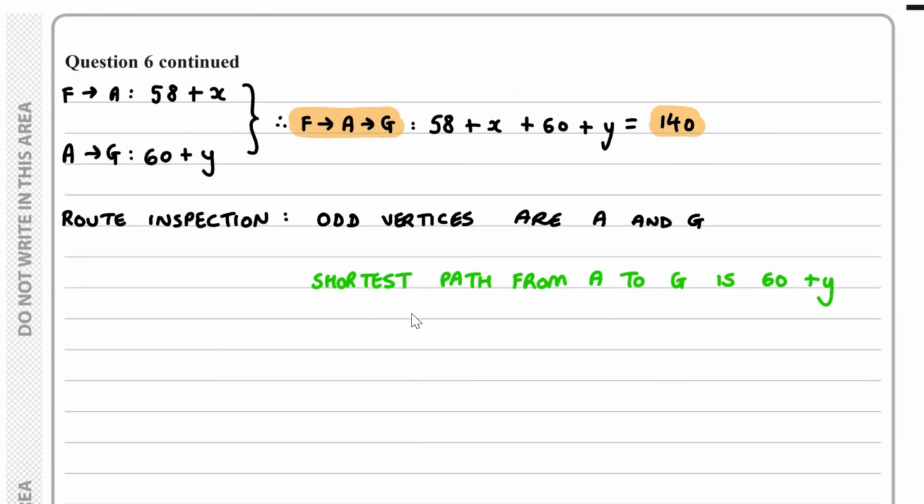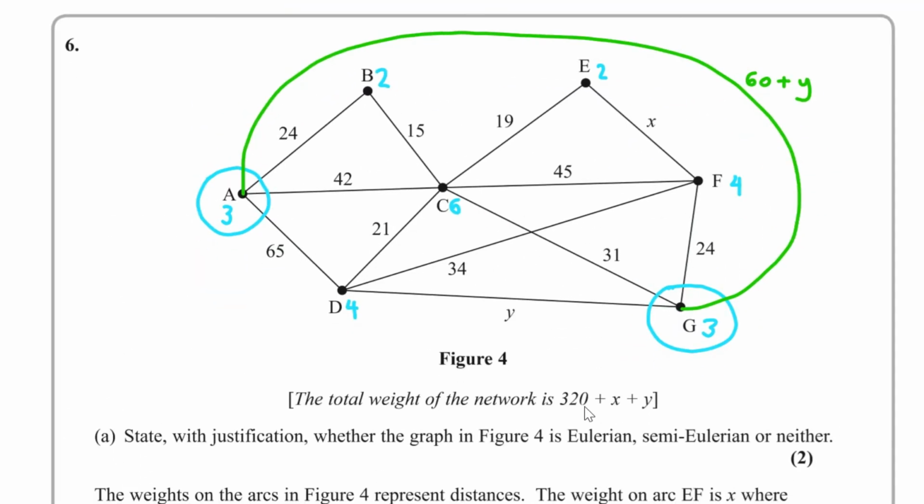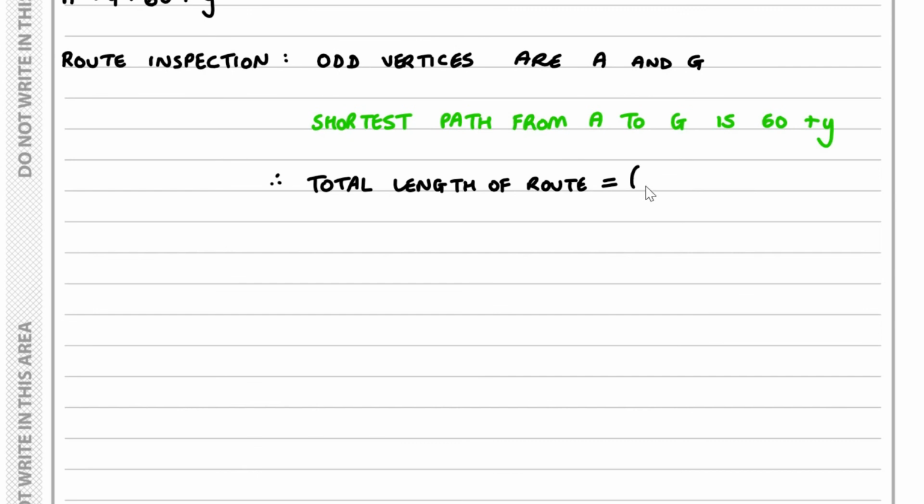So the shortest path from A to G is 60 plus y. And therefore, for the total length of the route, you'd find here we have 320 plus x plus y, plus another 60 plus y.